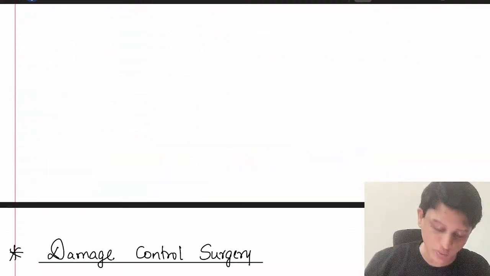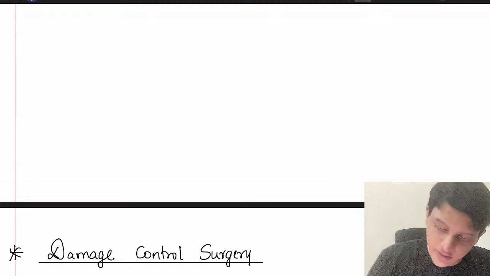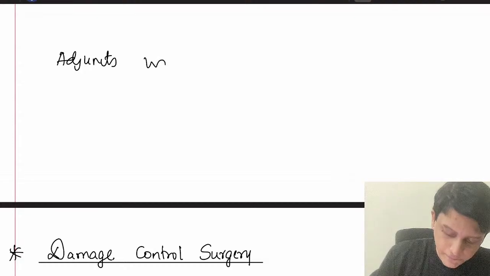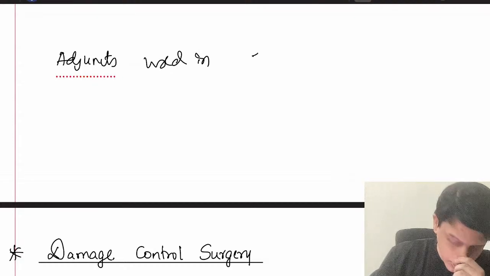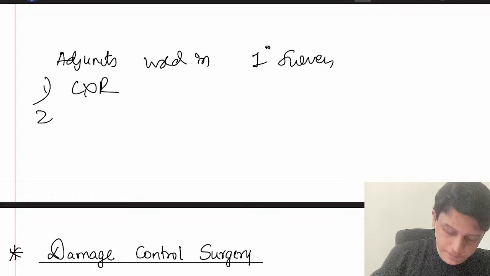Now I'll ask the question, please be ready. Recently, last year only, this question was asked. Adjunct used in primary survey. First option was CXR.